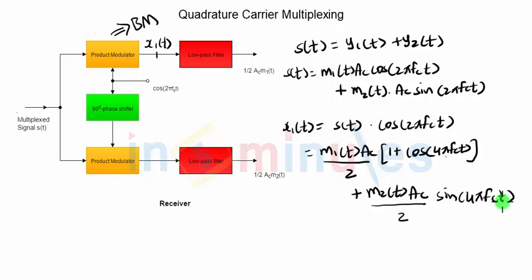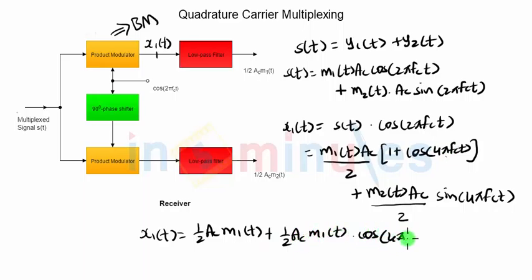So at the output of the first product modulator, we have got three terms now. I will expand the first pair of brackets. We get half AC M1t into 1, so we get the same term as it is. When you multiply with the second term, you get half AC M1t into cos 4 pi fct, and the third term is half AC M2t into sine 4 pi fct.